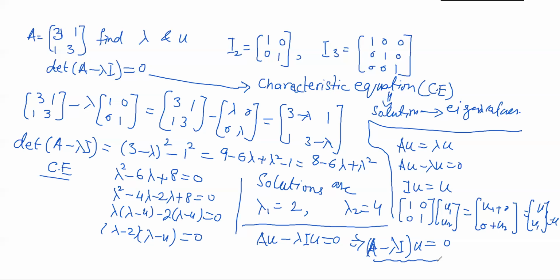What we have to determine is A minus lambda I, and the solution of that homogeneous system, because on this side it will be 0, 0, will be the eigenvector. So from each of these lambda values, we need to determine this solution.